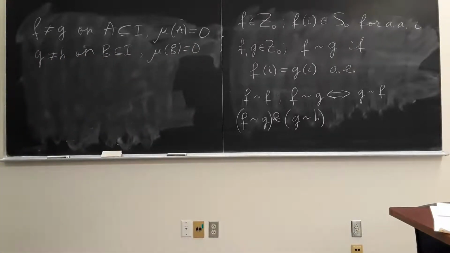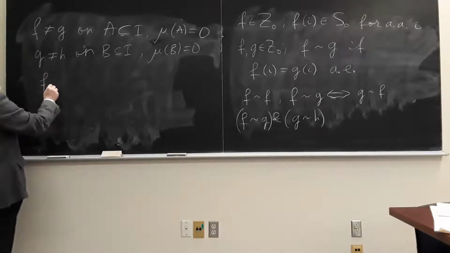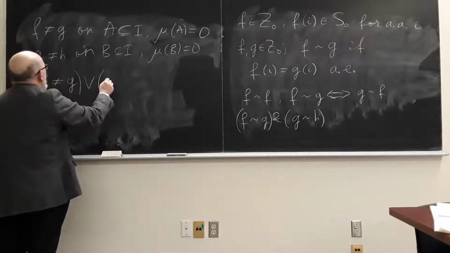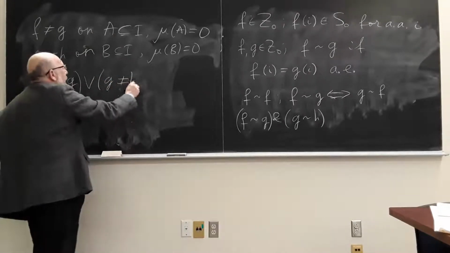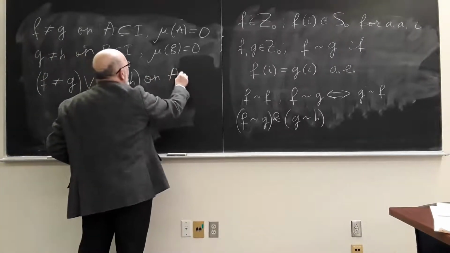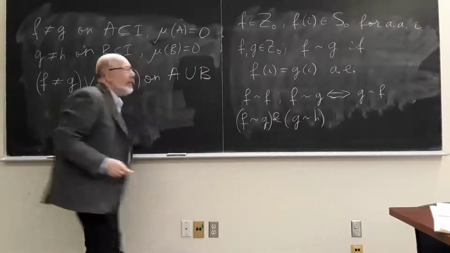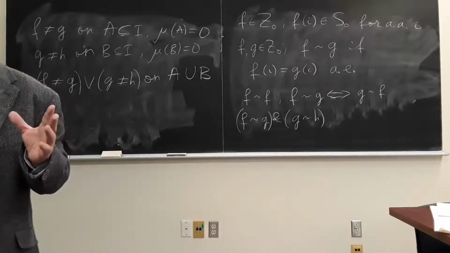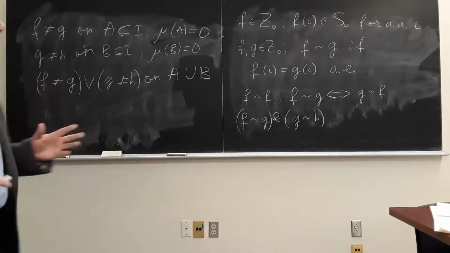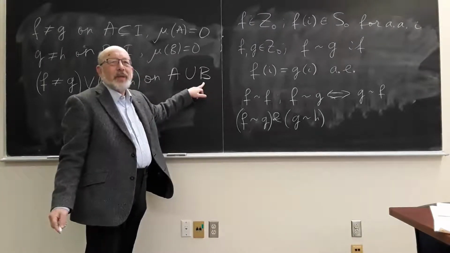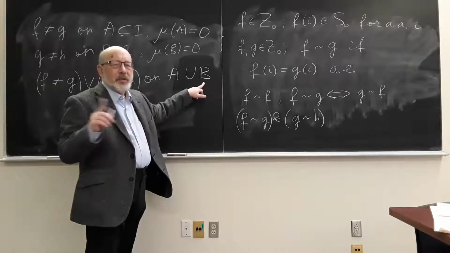Then f is different from g or g is different from h, so at least one of the two, on say A union B. But we already know that the measure of a union is less than or equal to the sum of measures. It is equal if they are disjoint.